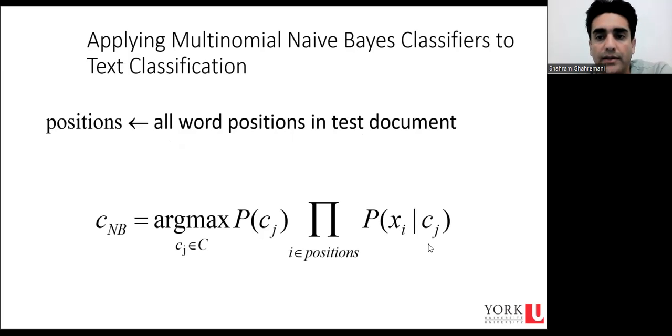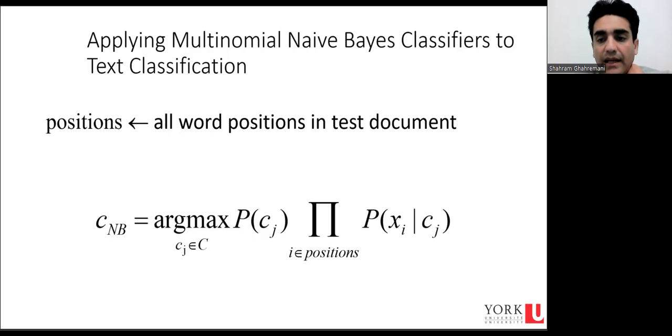So now looking specifically at text. First, we are going to look at all word positions in a text document. So we have a text document and it has 100 words in it. For all positions of words, number one, number two, number three, we look at all the classes, and for each class we ask what's the probability of the class.